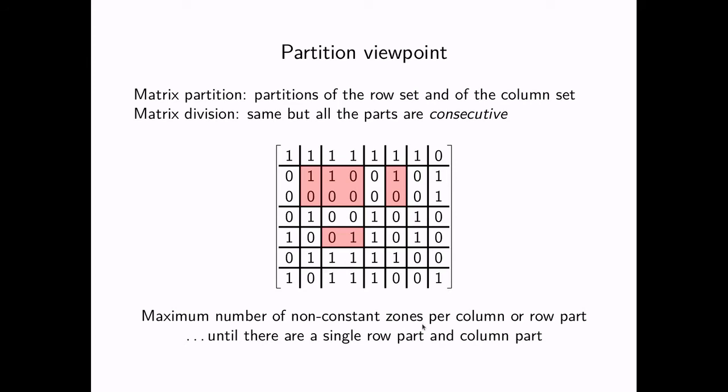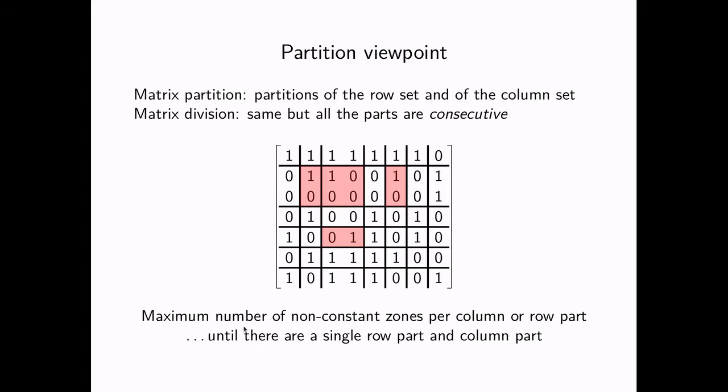And the twin-width would again be more or less equivalent to a coarsening sequence of merging parts, such that the maximum red degree remains within your bound, and that you end up with the coarsest partition where you have 1 part for all the columns and 1 part for all the rows.